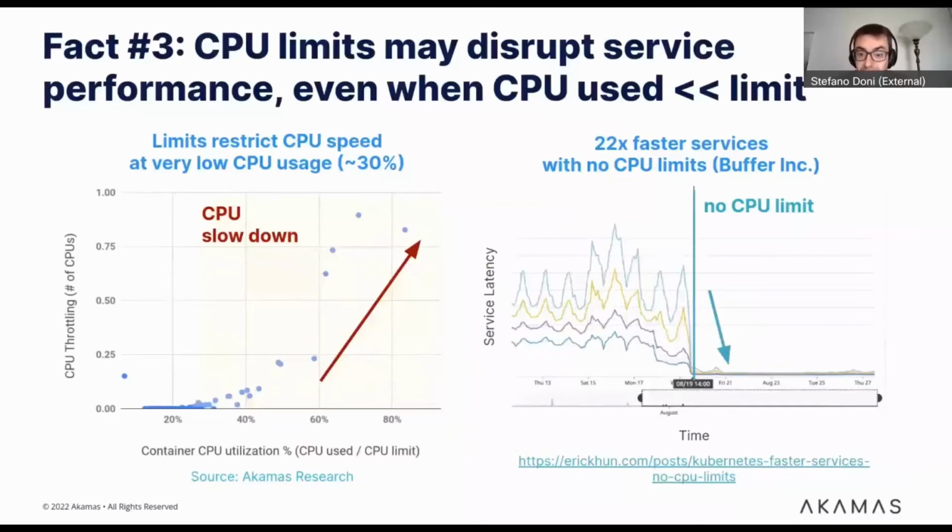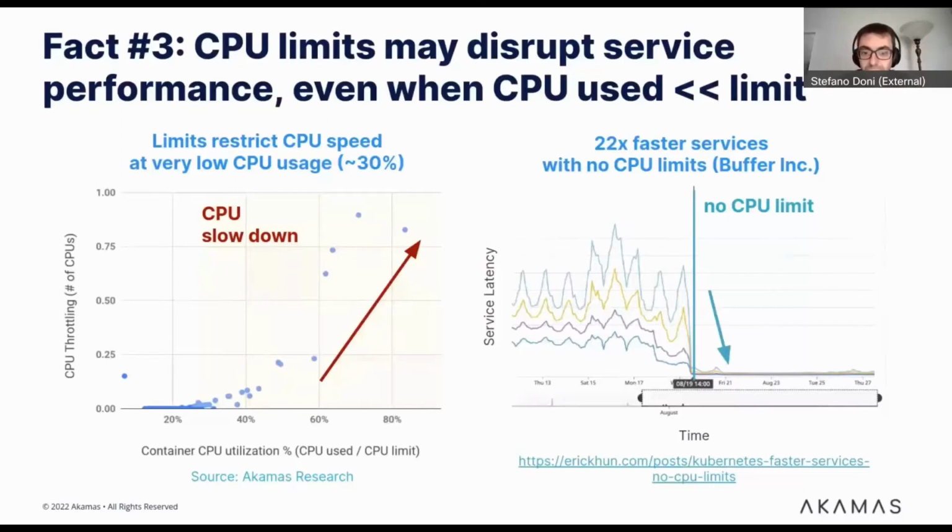What you can see here is the latency of the service over time, and the latency drops to near zero when they remove the CPU limit. So CPU limits seem to have an important effect on performance, especially on high percentiles of latency.